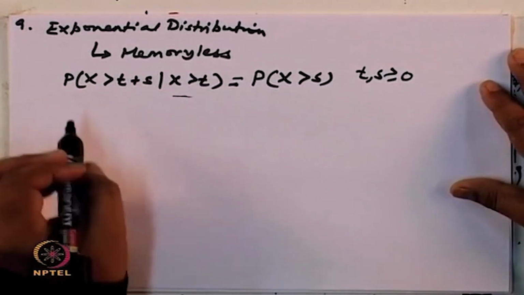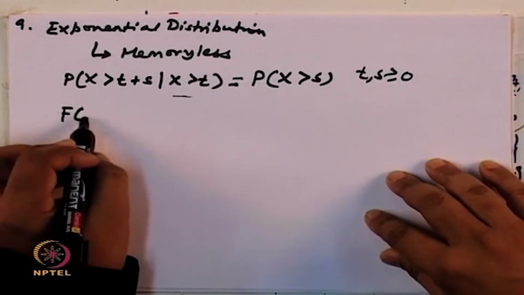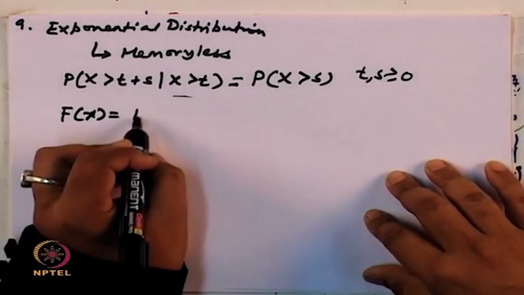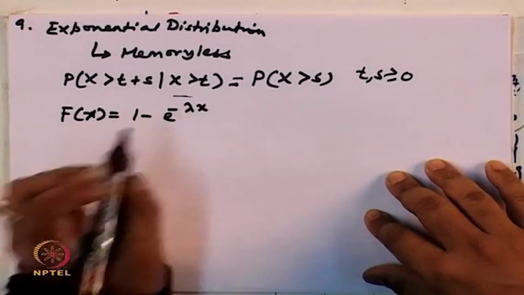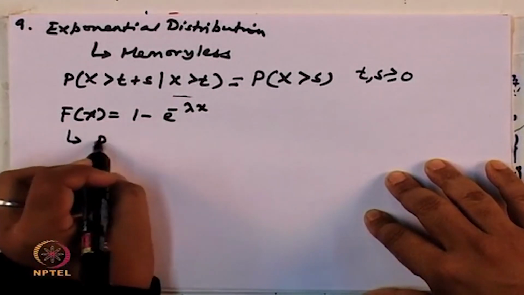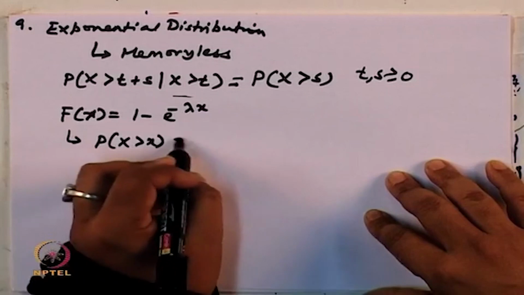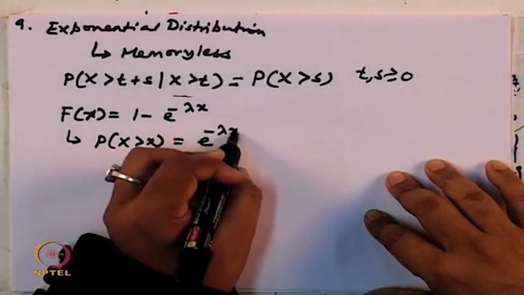Let us see why this is so. We know that F(x) is given by 1 minus e to the power minus lambda x, which means the probability of X greater than x is e to the power minus lambda x.